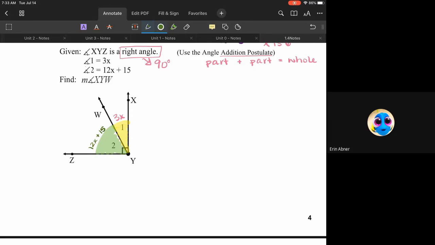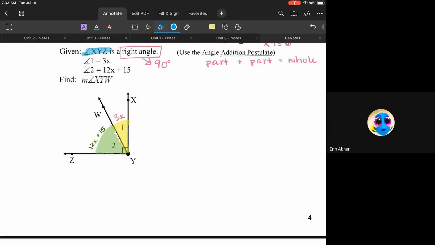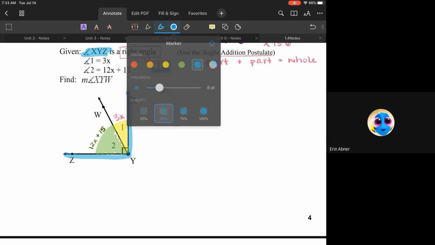And they want to know the measure. Mind you, they're not asking you for the measure of the entire angle. They're not asking you for this because they told it to you already. Let's go purple, hold on.